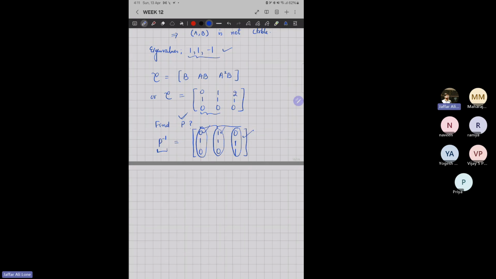So this column is linearly independent. It's completely fine if you take anything as long as your columns are linearly independent and your P inverse exists. For the sake of easiness, so that my calculations become easier, I took two zeros and one.